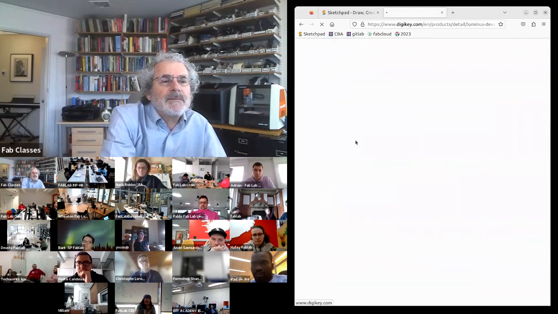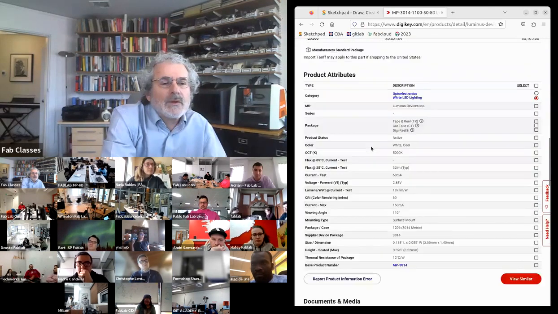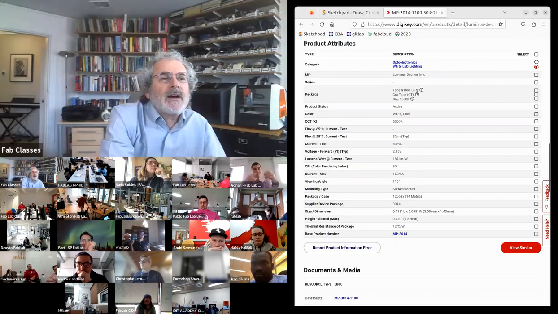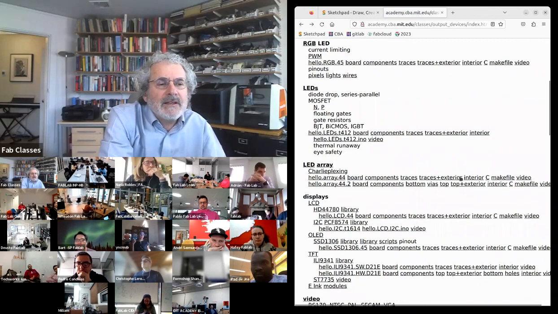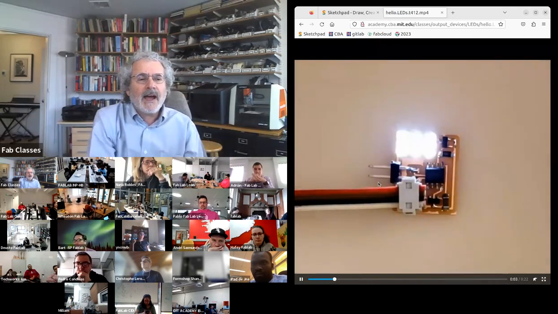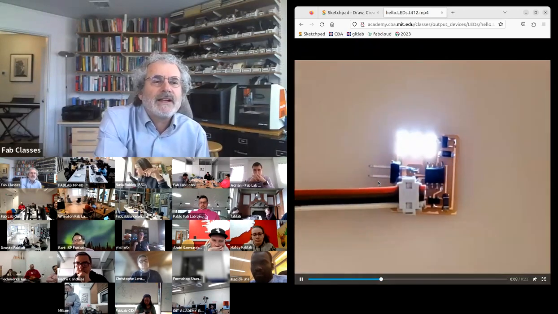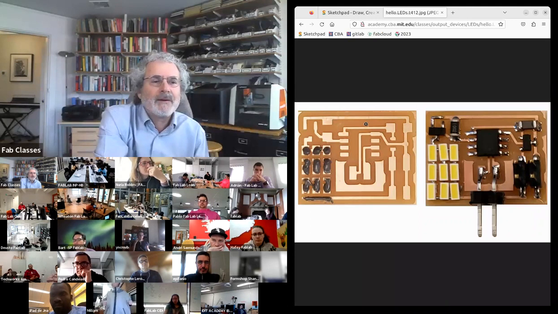This one here takes 150 milliamps instead of 20 milliamps. So it can handle much, much more current. And these little LEDs are so bright, you can't look at them if they're all on. So right now I'm really limiting how bright I turn it on just so I don't oversaturate the camera. But when they're all on, you can't even look at them.